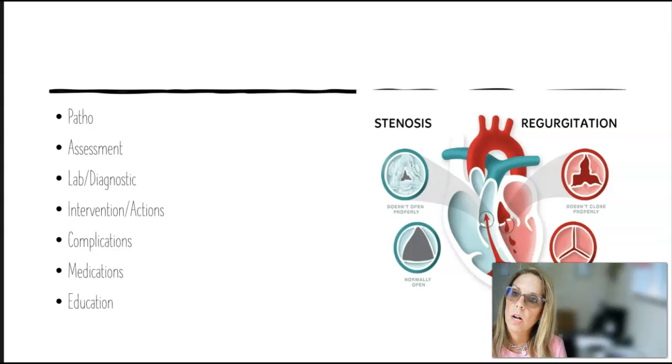These patients are also at risk for endocarditis, and with some of those valve repair surgeries they're at risk for pulmonary emboli. So if they're on anticoagulants, our nursing implications are to assess for bleeding precautions, fall precautions, symptoms of heart failure.